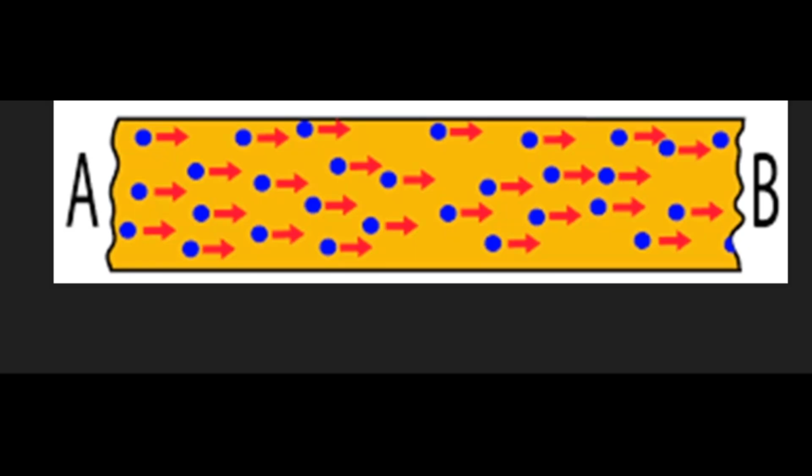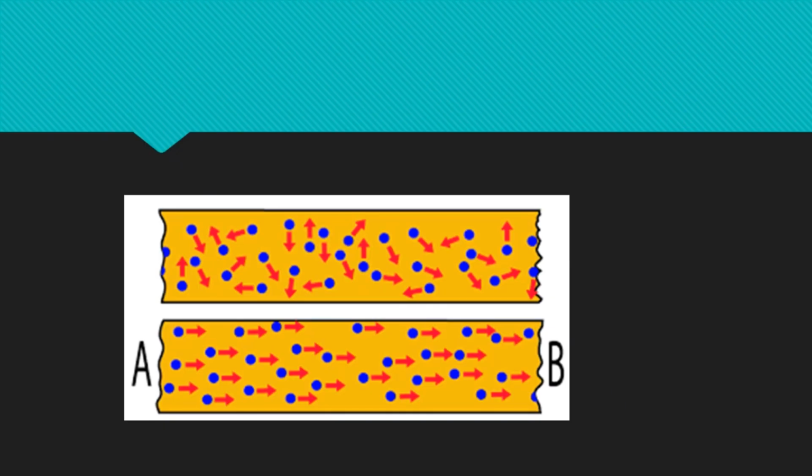Hence, the electrons inside it start moving from one end to the other end, or from negative potential to positive potential, and hence the current is from positive potential to negative potential. During their movement, they collide with the fixed positive ions. Hence, the speed of electrons decreases.